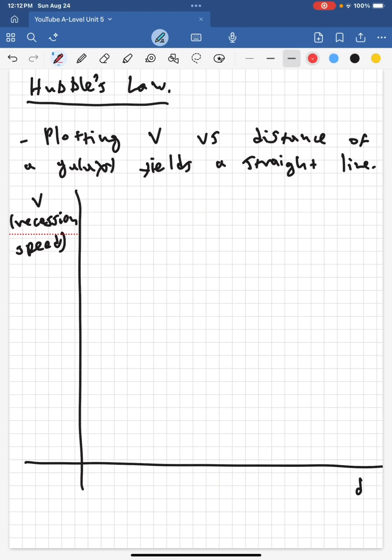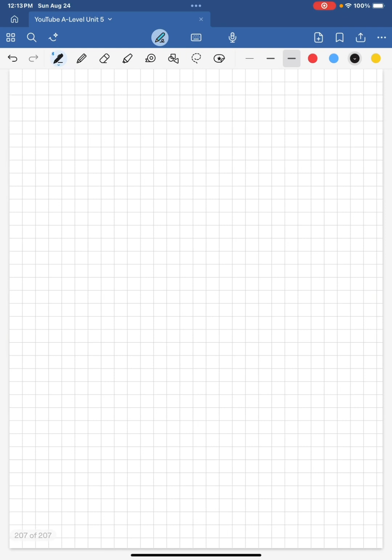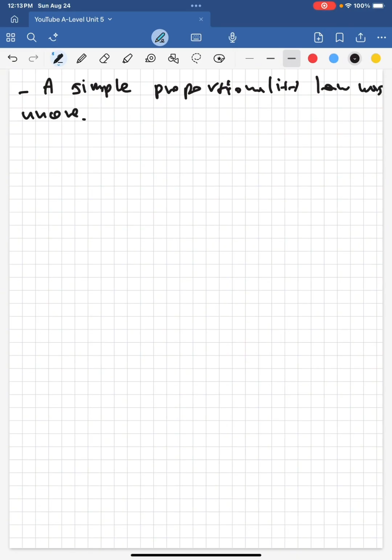So let's use red to put various dots. Okay, so he found this straight line. So a simple proportionality law was uncovered, okay?